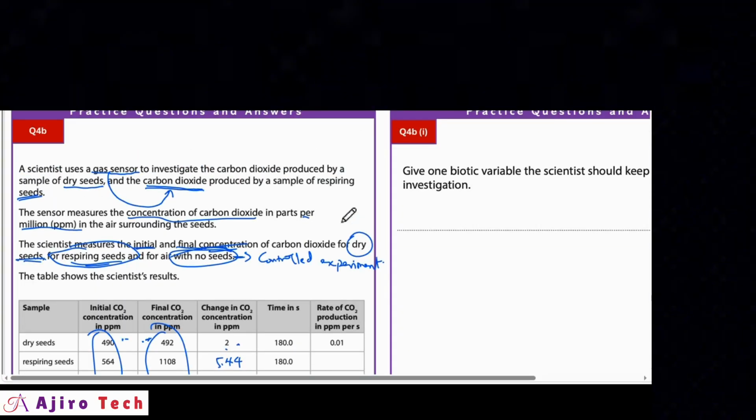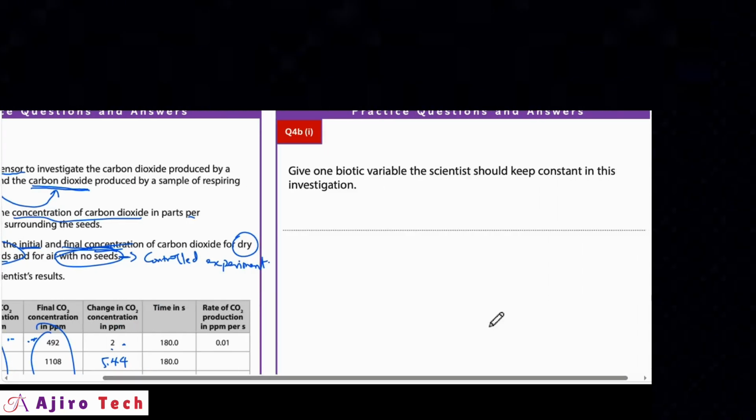So the question now is: give one biotic variable the scientist should keep constant in this investigation. Now, this question is talking about biotic, which tells you that part of the investigation that is living.